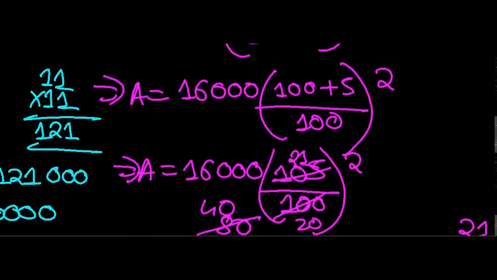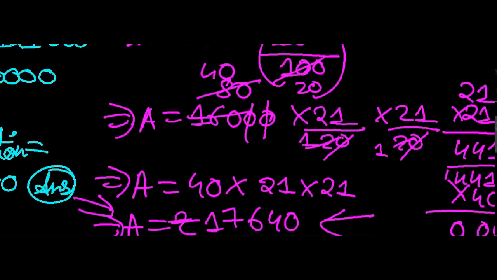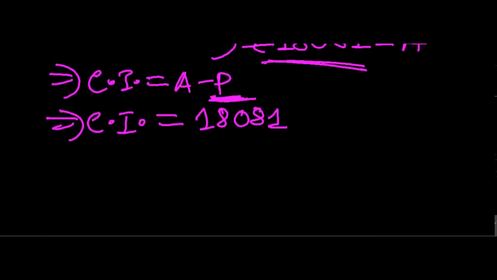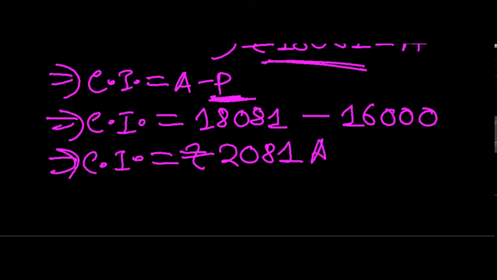It is rupees 16,000. Okay friends, 18,081 rupees minus rupees 16,000. CI is equal to rupees 2,081, which is the answer for this last and fourth sum.